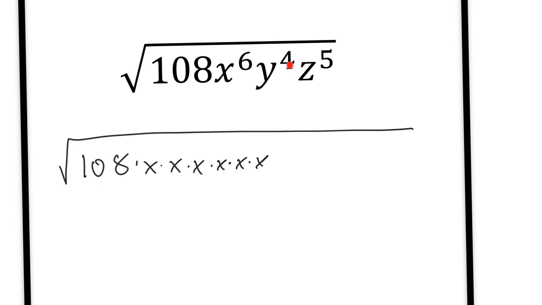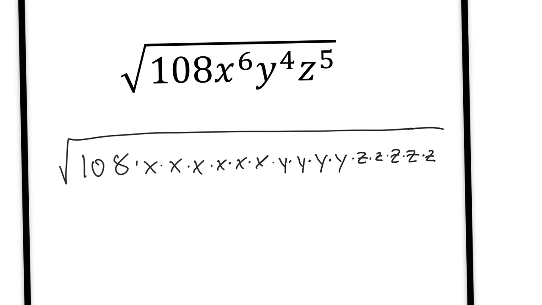And the y is to the 4th, so I'm going to multiply y by itself 4 times: 1, 2, 3, 4. And the z has a fifth power: 1, 2, 3, 4, 5.